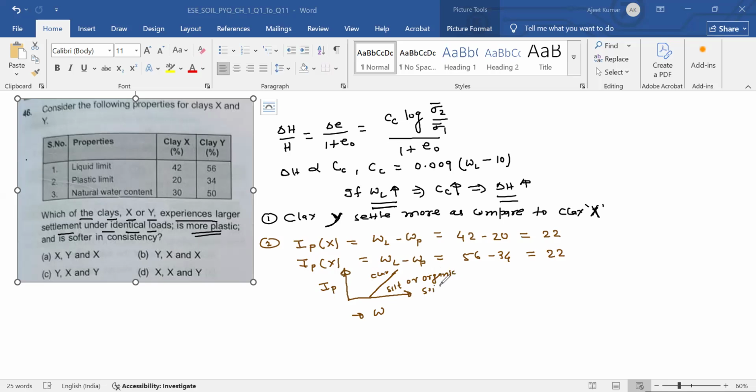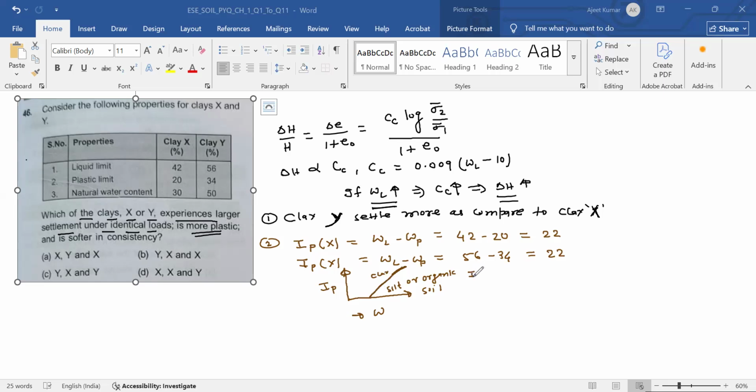So we will decide the nature of the soil.